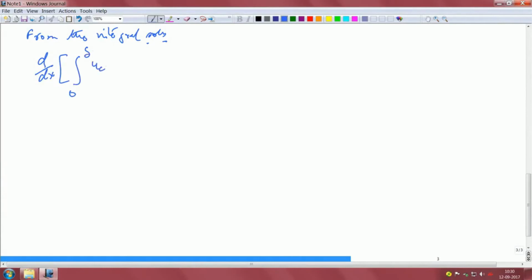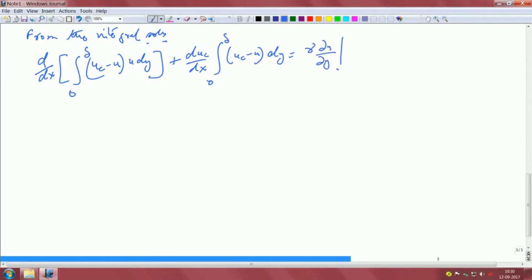Look at this form, Uc minus u into dy plus dUc by dx. That is the integral formulation that we had earlier. From mass conservation, what can we write?